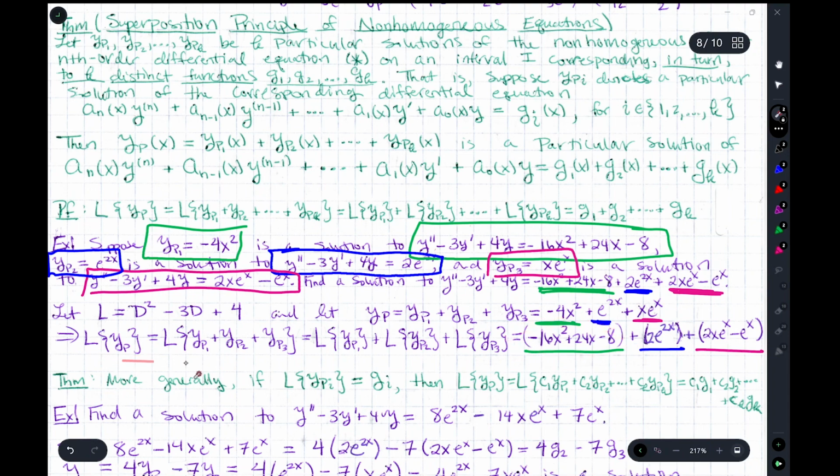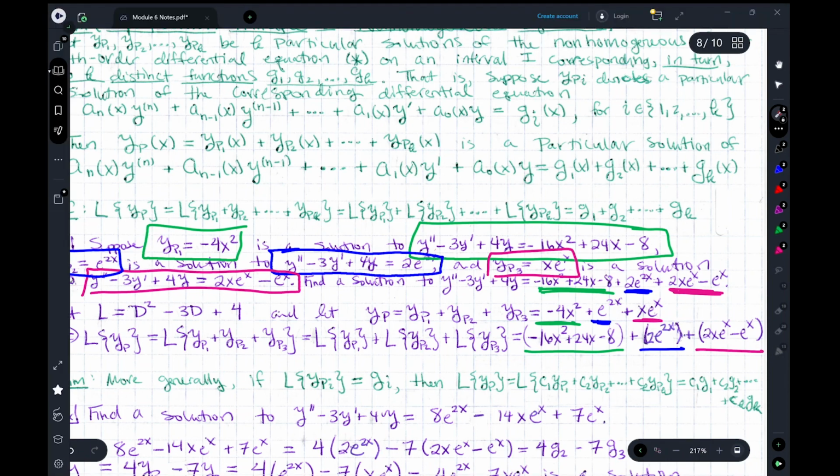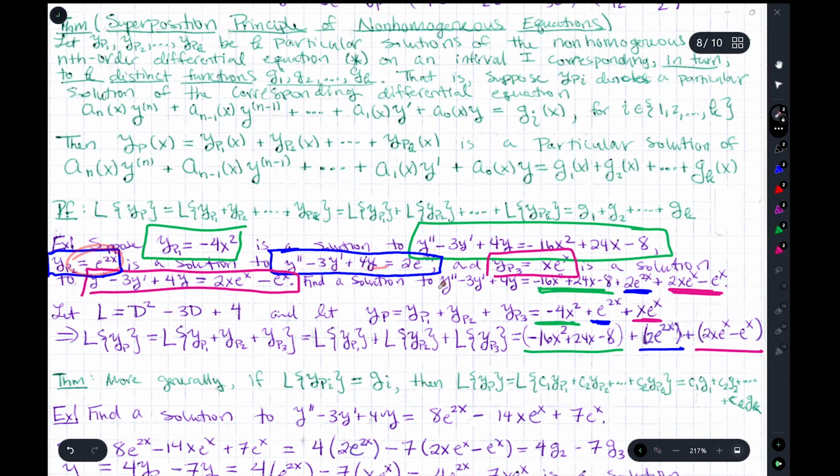Well, let's operate with L. By linearity, we have this, and we know that L operating on y_p1 gives you this g, this right-hand side that you see right there. And the same thing with the blue. L operating on this will give you this right-hand side there. And L operating on this pink particular solution gives you the pink g, the right-hand side of the non-homogeneous equation that you see there. And so L operating on that sum gives you this right-hand side, which is exactly the right-hand side that you see here. So it is a solution, and that's what the superposition principle is about.